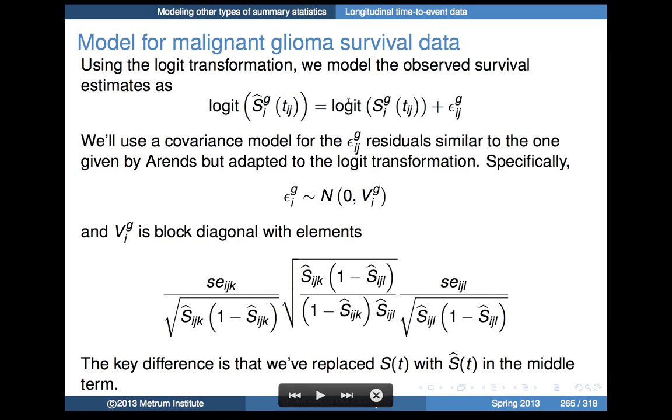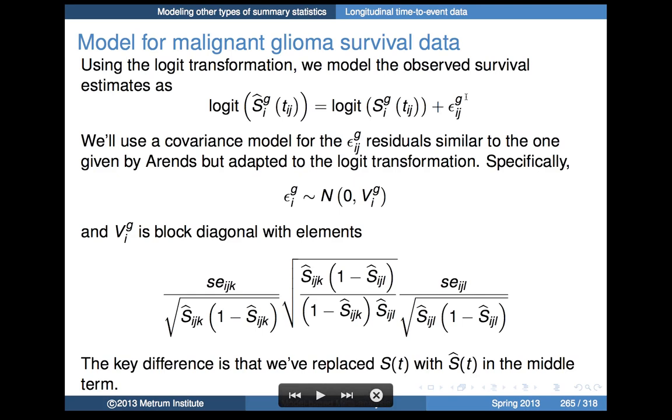of the S values plus a residual epsilon ij. So just again, our notation here is that the observed survival fraction in study I, group G at time Tij is equal to the logit of the true surviving fraction in study I, treatment group G at time Tij plus a residual.